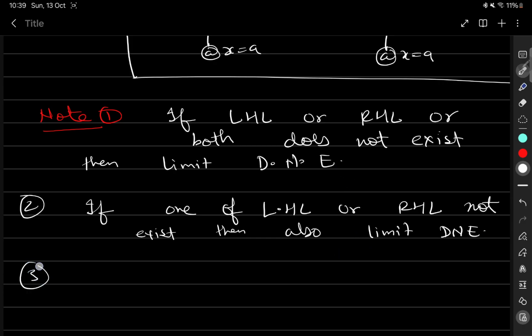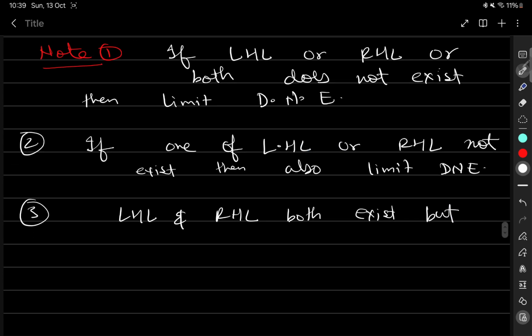Got it? Now, if LHL and RHL both exist but are not equal, then also the limit does not exist.